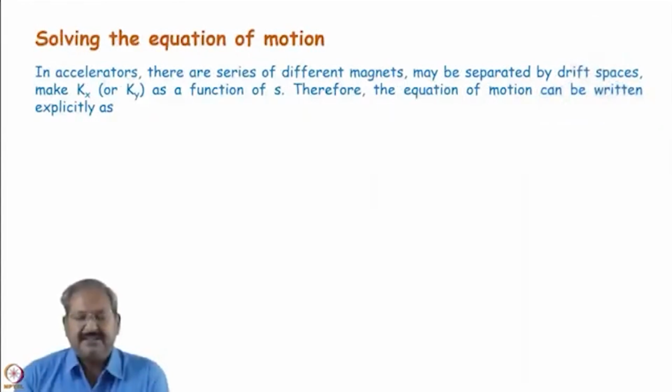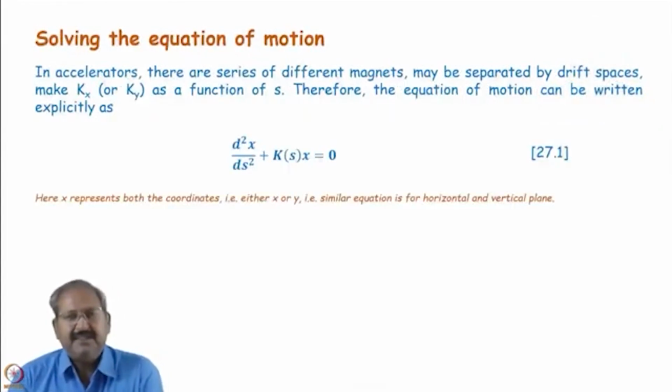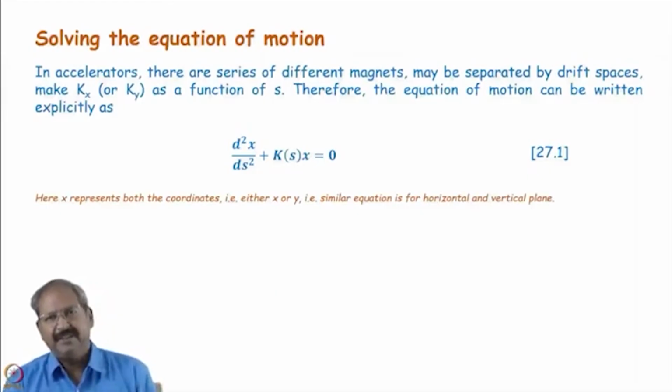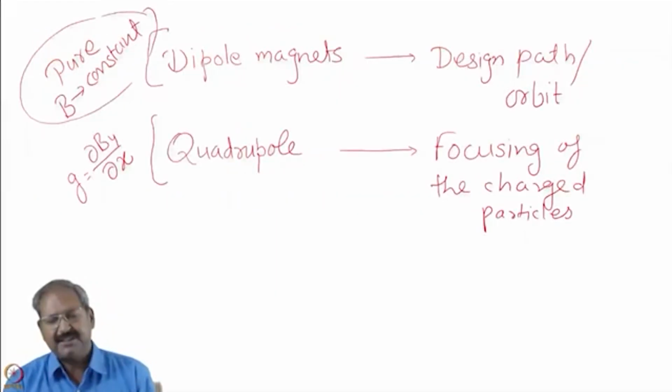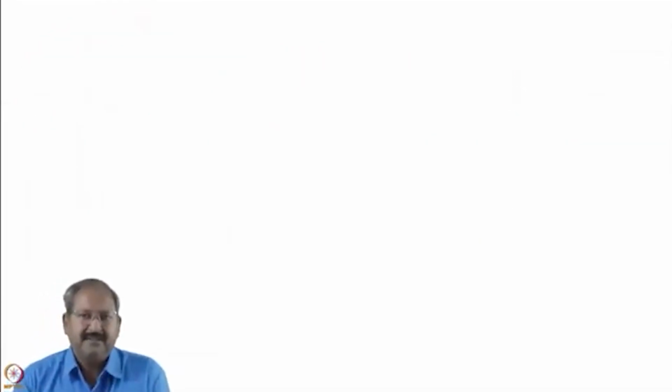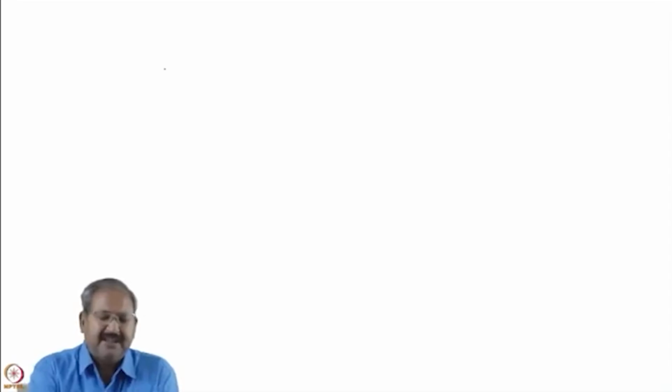Now in an accelerator, even in a simple optics, we have an arrangement of some magnets. In the actual optics of charged particles, we can have some quadrupole.